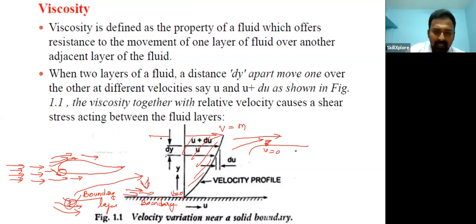We can predict the relation by using a differential part, that is, consider a small strip in this section. This will help you to calculate the value of viscosity with respect to the shear resistance.